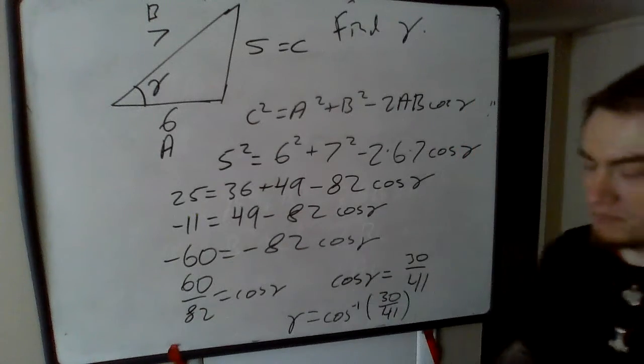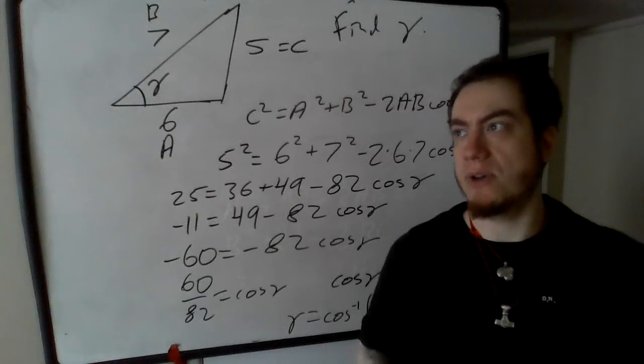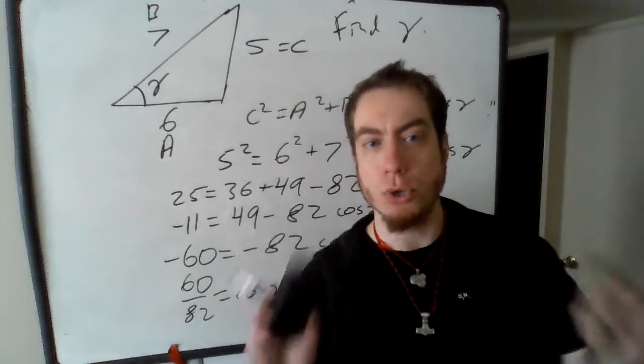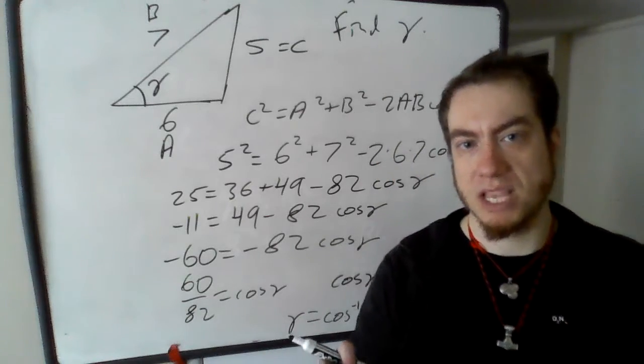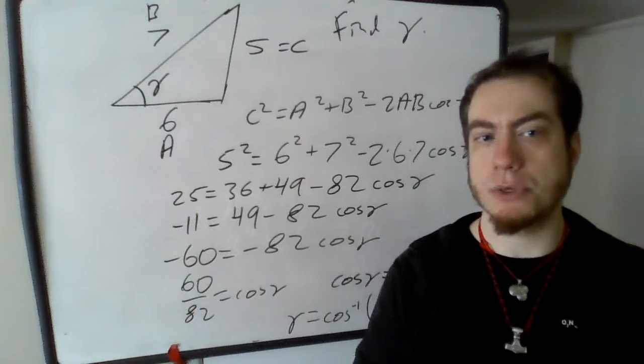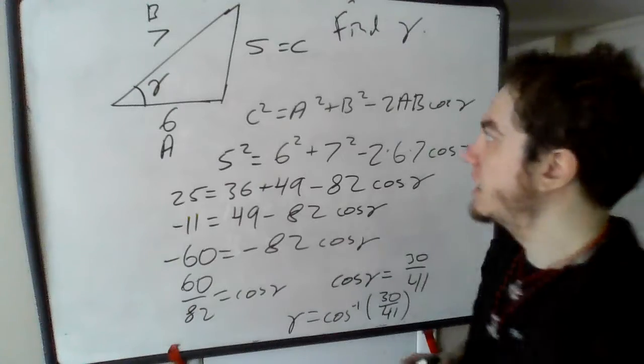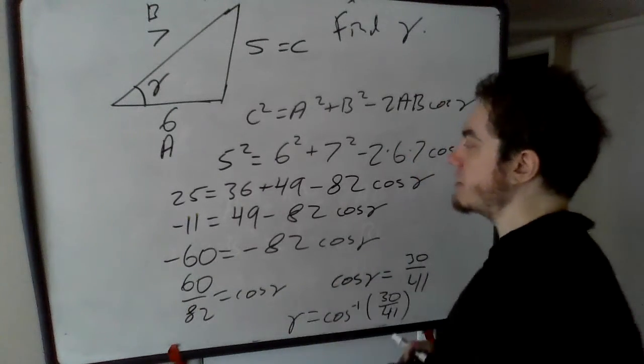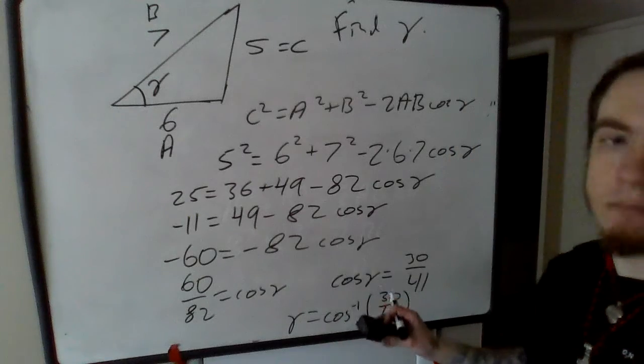So in mathematics, we have the triangle inequality, which says that two sides of a triangle have to add up to bigger than the third side of the triangle. So if that rule were broken, then you would find that when you try to do the law of cosines, you would get an impossible triangle.